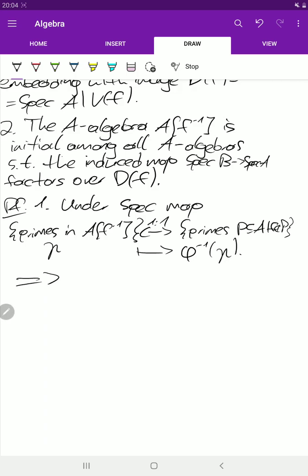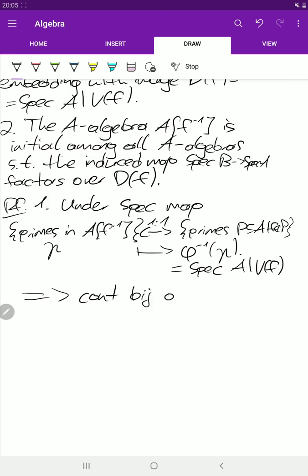So as we've mentioned, we know that this is continuous. This is just the spectrum of A minus the vanishing of f. That's quite clear because the vanishing are those where f is in P, so we get this bijection, and we know that this map is also continuous, so we get a continuous bijection onto this principal open set D(f).